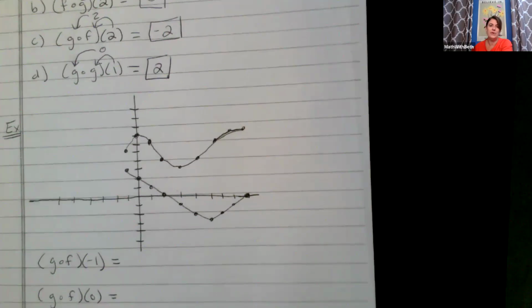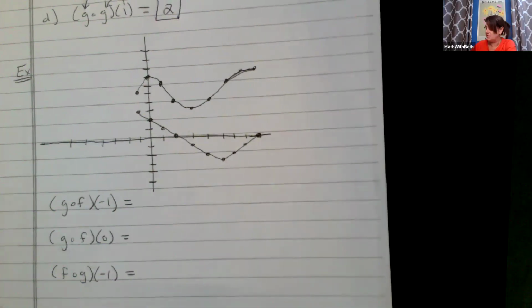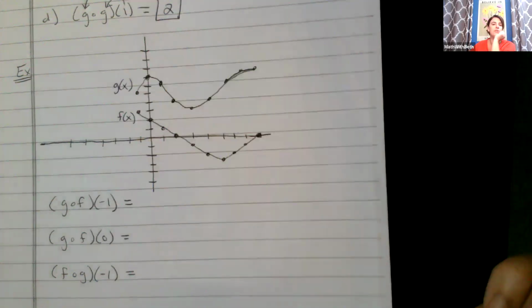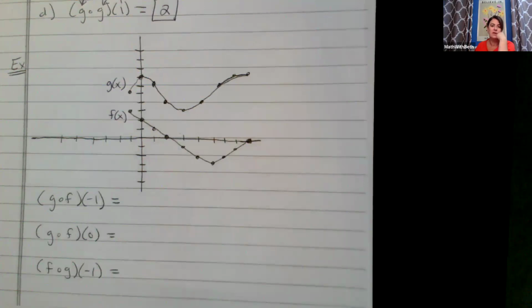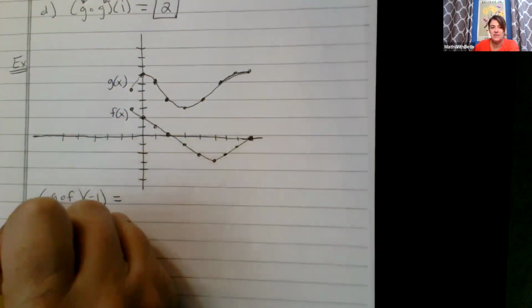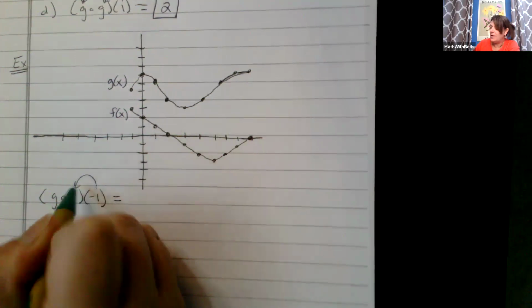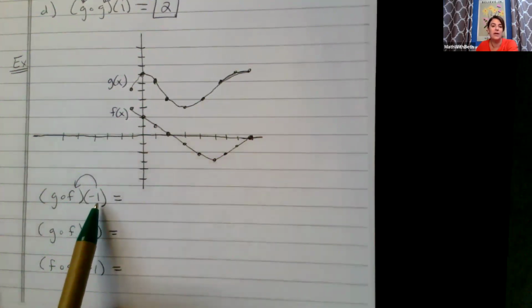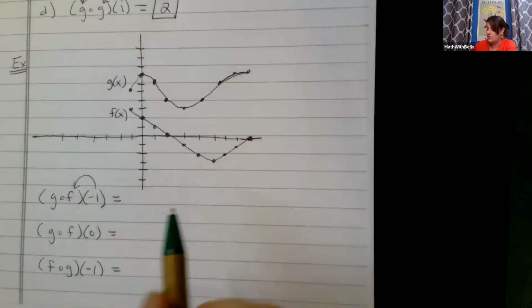And now, same type of thing, but instead of giving us a chart, we have a graph. So if they tell us that this one is the f of x and this one is the g of x, we're basically going to do what we just did with the chart, but we're going to have to look on the graph to get the values. So if it's asking me for g of f of -1, I start with plugging in or looking on the graph where x would be -1, look at the f.